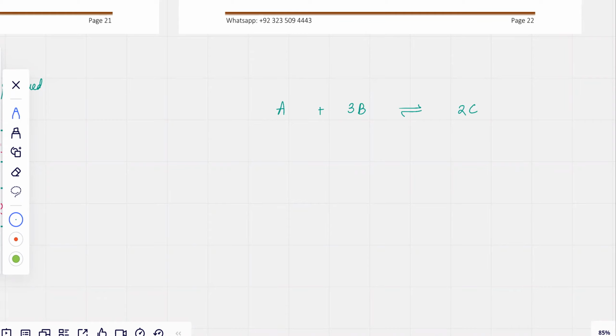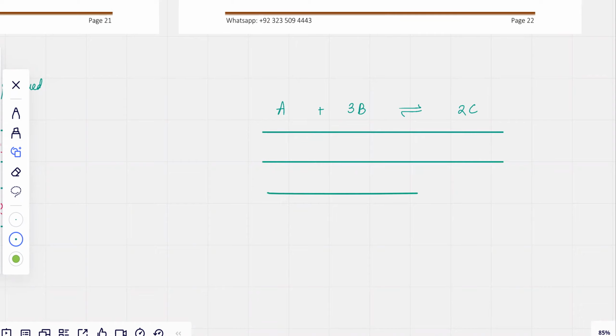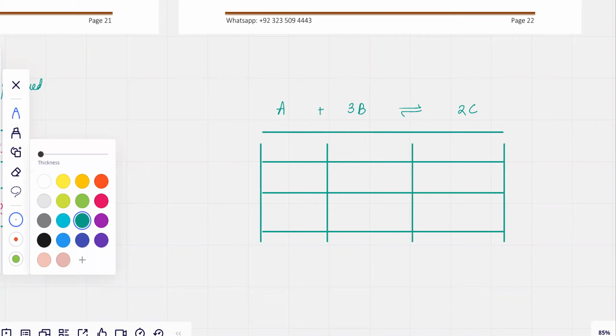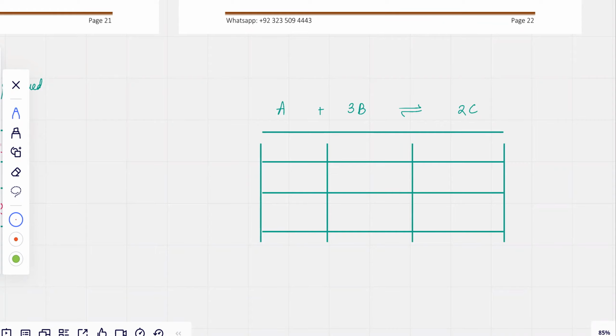And I'm going to make a table. So here's my table, and initially in the container, I'm going to make this more difficult.